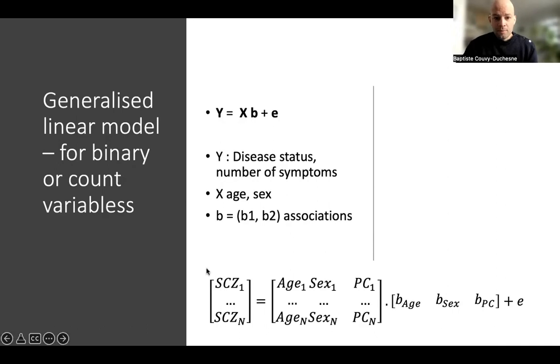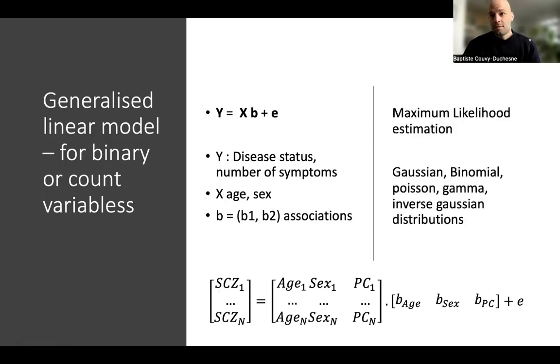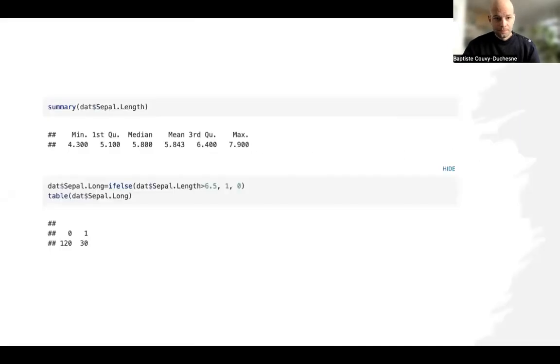Here in the example, I've put SCZ, which is the schizophrenia case-control status, but it can be anything, normal or not. The estimation of the parameters still relies on maximum likelihood, and here are all the distributions we can fit: Gaussian, binomial, Poisson, gamma, inverse Gaussian, for example.